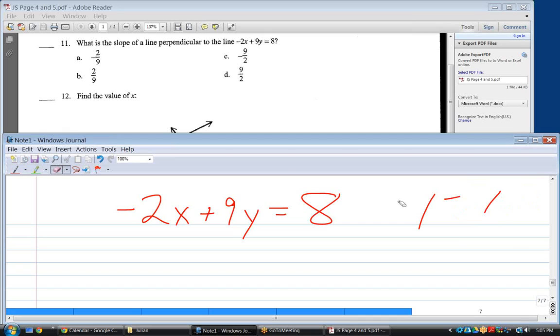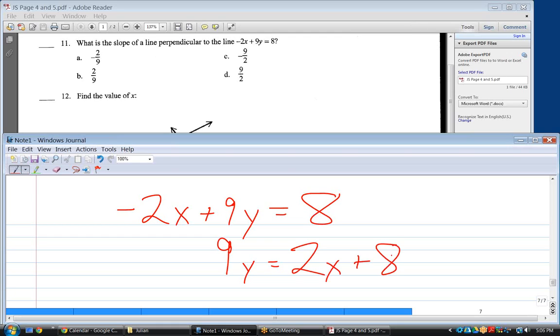So 9y equals, is it -2x? What do I have to do to get rid of the -2x on the left side of the equation? Add 2x. So it's positive.